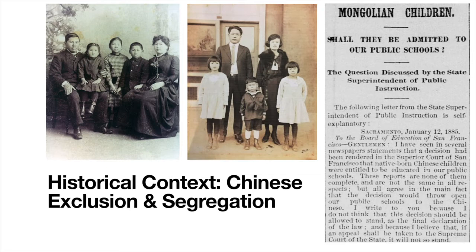So in Tape versus Hurley, the family on the left, Mamie Tape, was the girl in the middle who was not allowed to attend the white school. In fact, she was not allowed to attend public school. At the time, as you read about in the Kuo article, Chinese were not merely segregated in California, they were excluded.